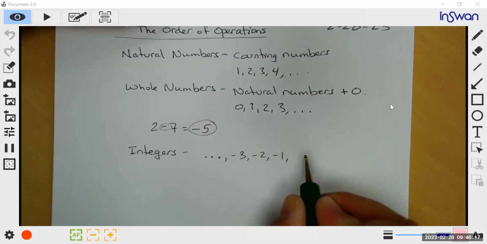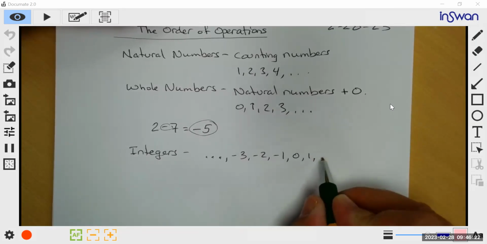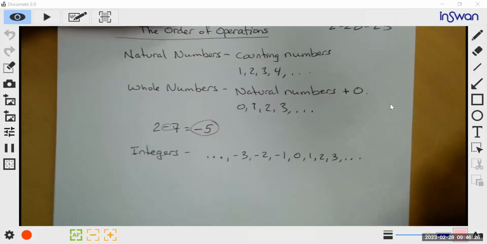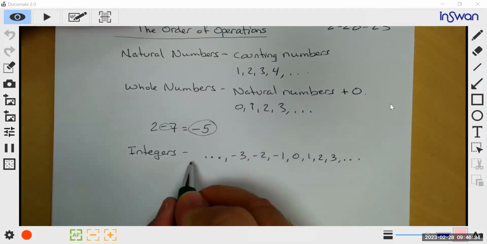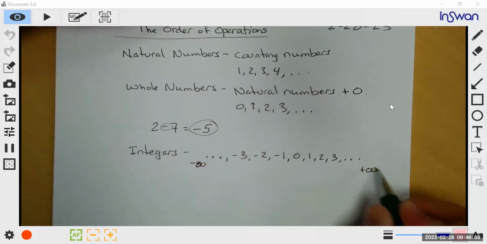They include all of the negatives and all of the whole numbers and all the positives. So basically it goes from negative infinity to positive infinity.